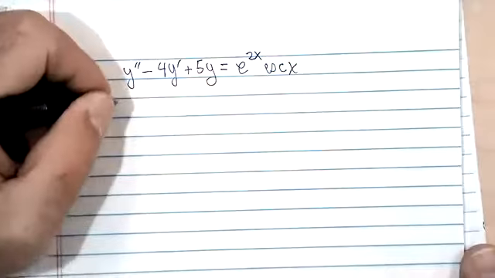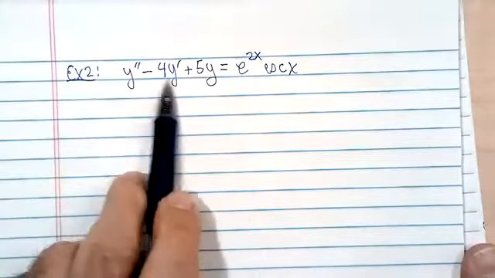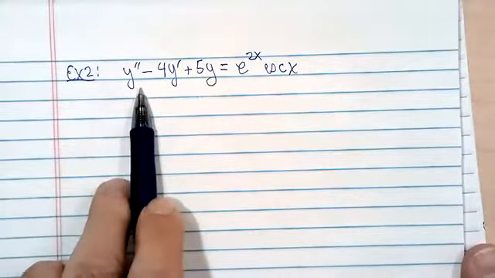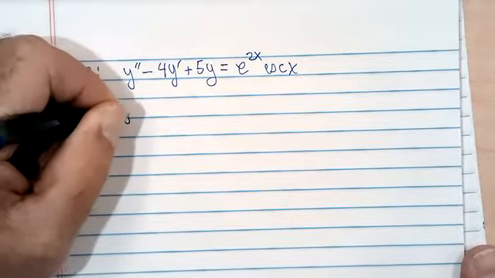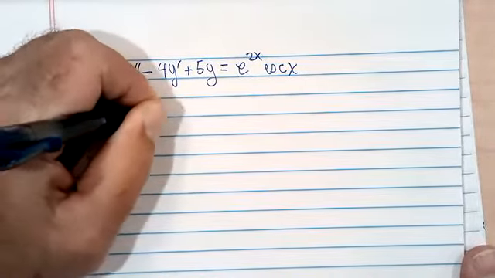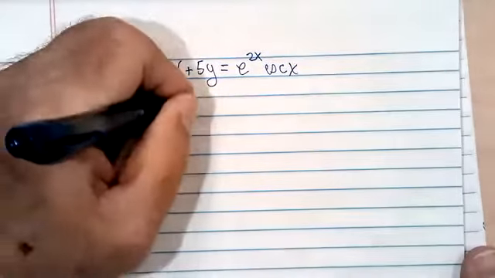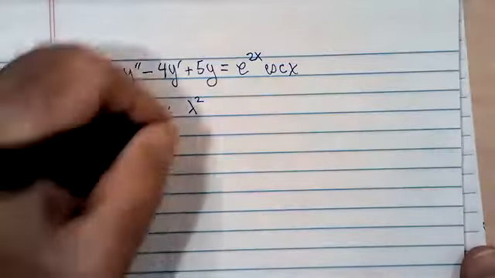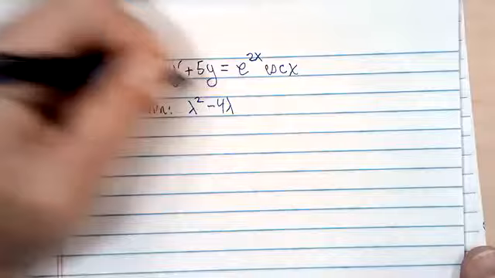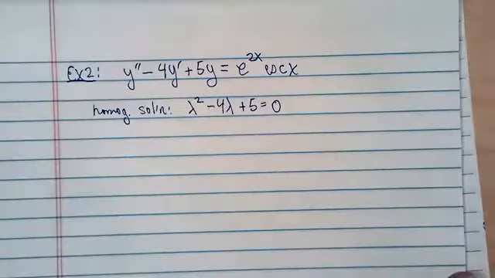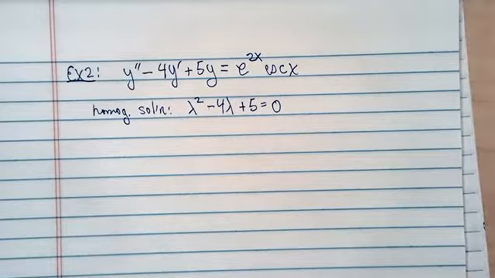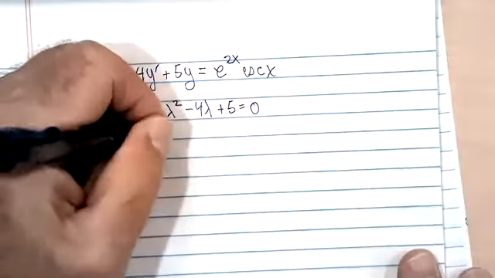So our method is this: let's find two linearly independent solutions to the homogeneous equation. A lot of times we just say, find the homogeneous solution. Well, you start with a characteristic equation, lambda squared minus 4 lambda plus 5 equals 0. Huh. That's not real nice.